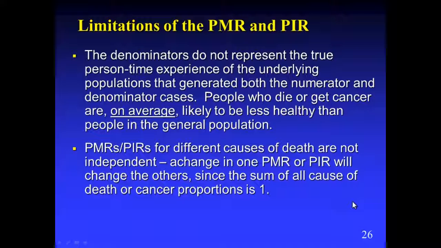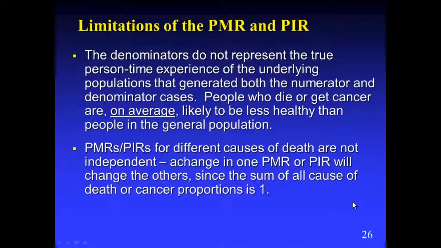And the other thing is that when one cause of death or one type of cancer changes, then because we're talking about proportions, the proportions of the other causes of death or types of cancer will correspondingly adjust.